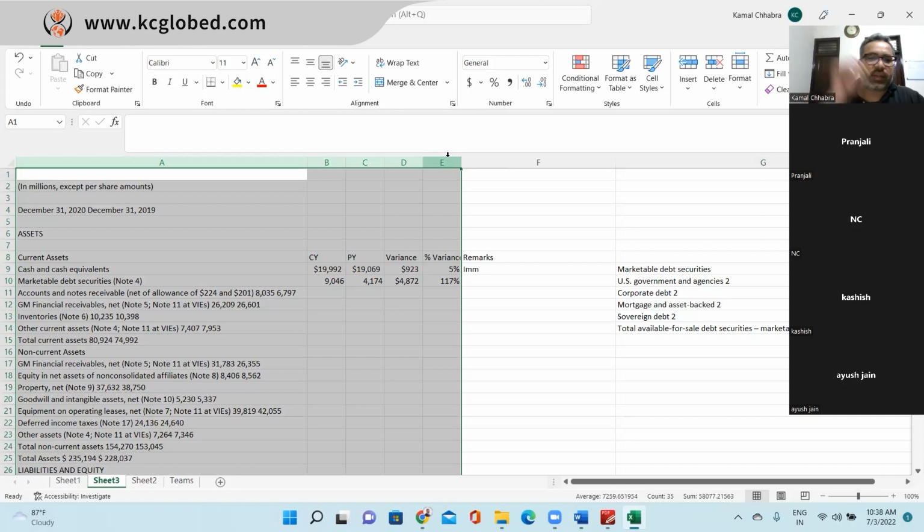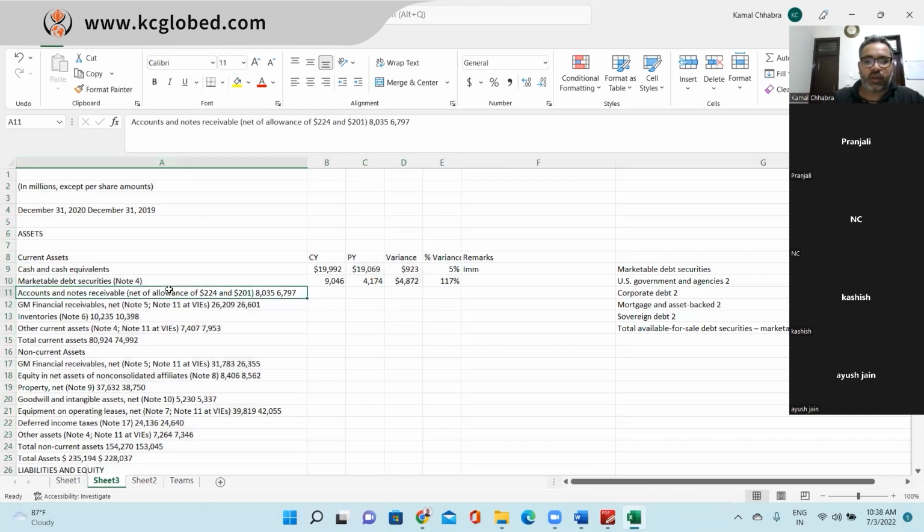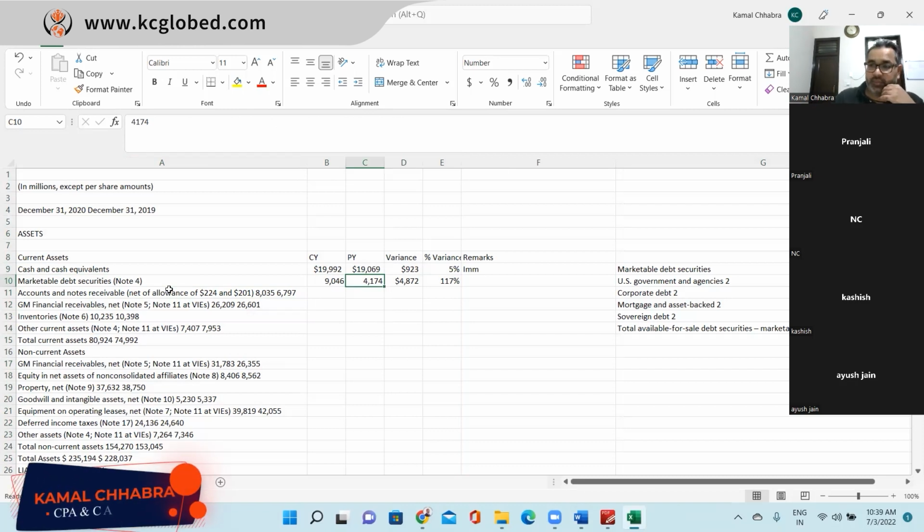Maybe at planning stage, let's say this marketable security balance is $9,000 compared to $4,000. When you have done detailed testing, you got to know there was a $1,000 investment which was parked in the current assets. Then you have done the reclassification from current assets to marketable security. So at the time of finalization of the balance sheet, your balance here would be $10,000 and here it would be $18,000. That may also be possible.